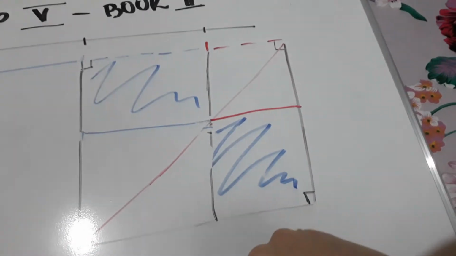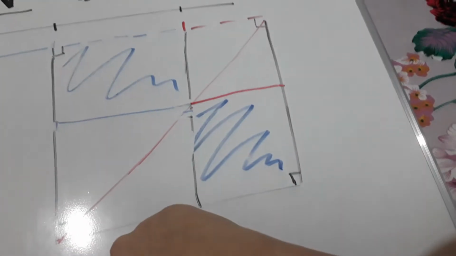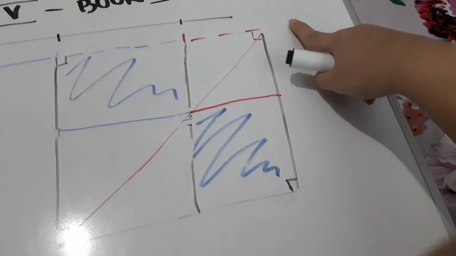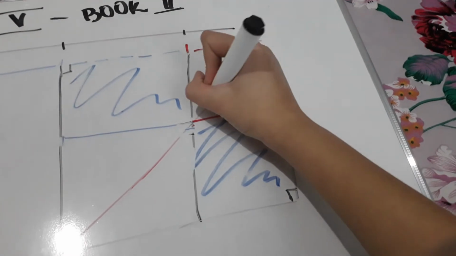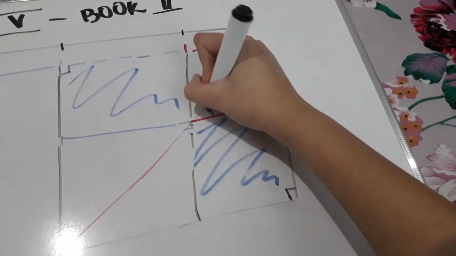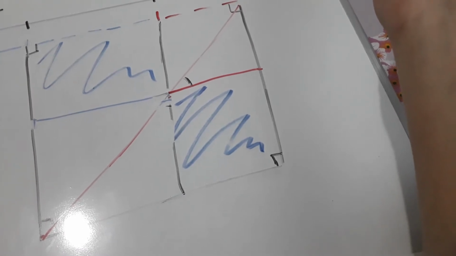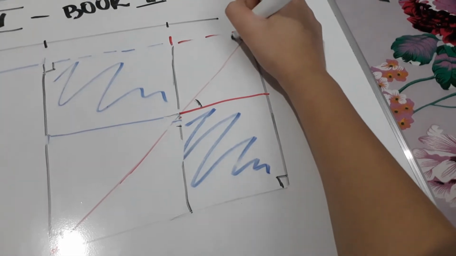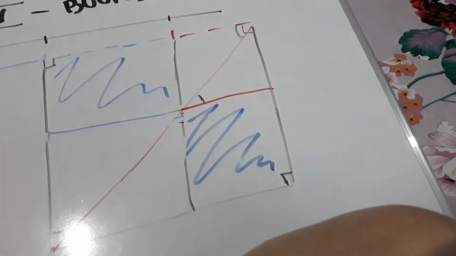We are going to have two parallels here, and a straight line falling upon these two parallels, making angles equal to each other. We are going to have these two angles being equal to each other, this and this one.